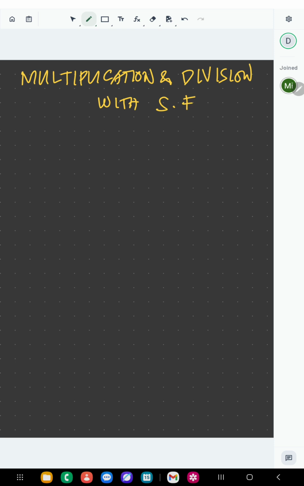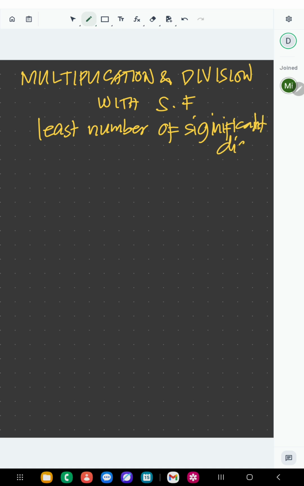When multiplying or dividing, we round the answer to the least number of significant digits or significant figures. For addition and subtraction, least number of decimal places; for multiplication and division, least number of significant digits for the final answer.